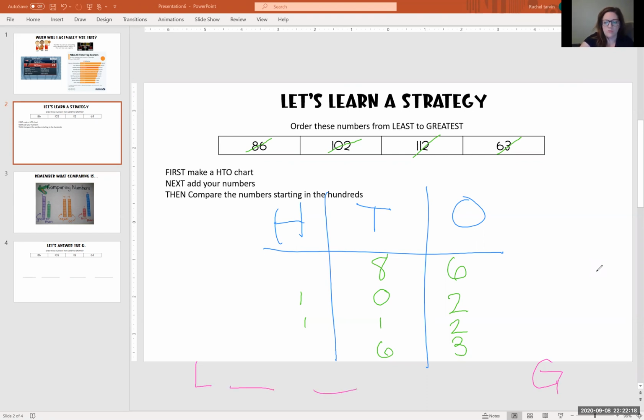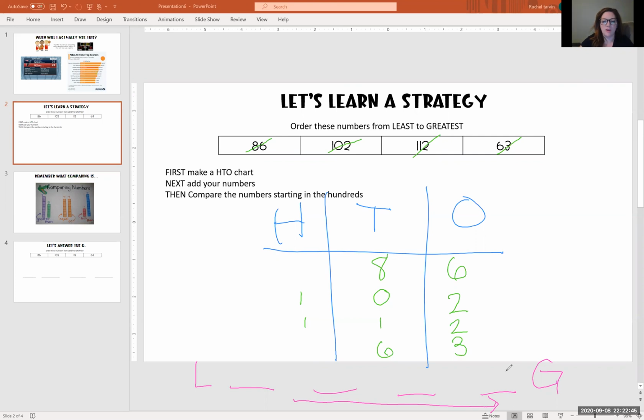I write the L on the side where I'm going to place my least number. So least is the first one, I'm going to write my L over here. Greatest is my last one in this case, so I'm going to write my G over here. I know that my numbers will be getting bigger as I go down the line. So my smallest number should be here, and my biggest number should be here. Let's go ahead and get started.